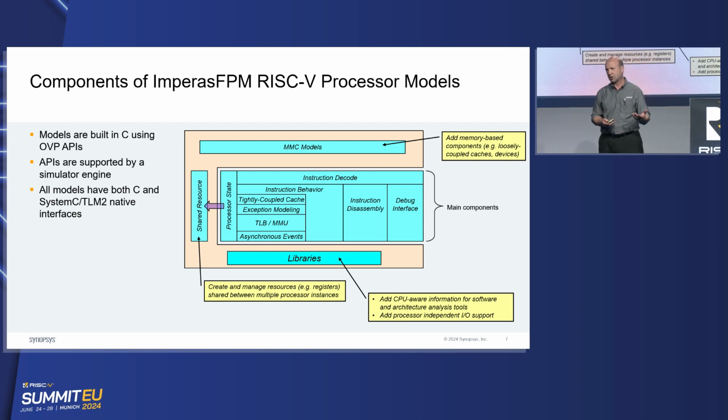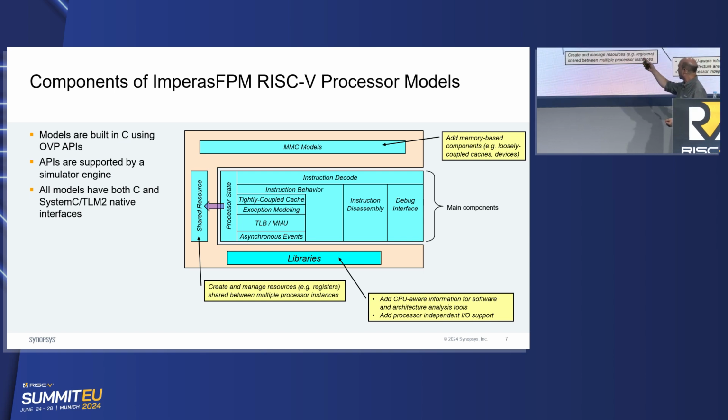The APIs are supported by a simulator engine, and all models have both a C and a SystemC TLM2 native interface. The models are quite flexible. There are ways to deal with shared resources, libraries that can be brought in. So quite a bit can be done with these. We're trying to actually meet all those requirements that I stated.